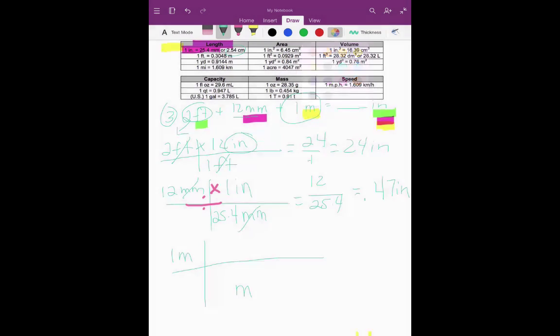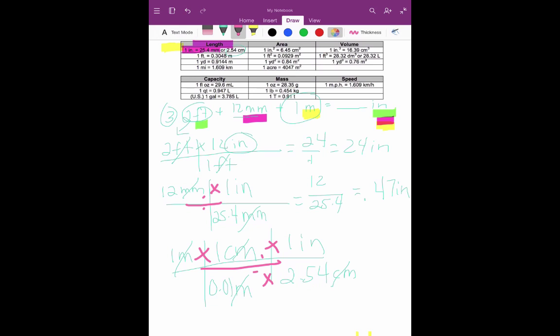We have 0.01 meters equals 1 centimeter. Meters, bam, bam. Now we have centimeters into inches. We're going to put our centimeters on the bottom. We know we have 2.54 centimeters per 1 inch. Our centimeters, bam, bam.